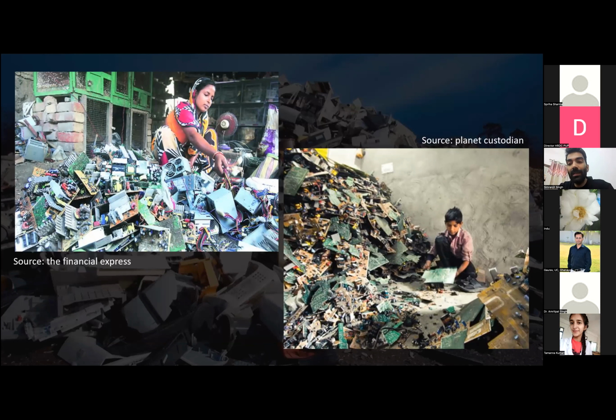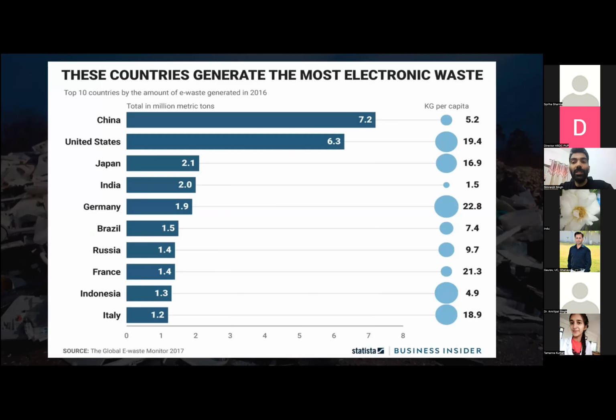A small child who should be going to school is actually working, sitting alongside the circuit boards, having no gloves, having no information about the hazards and what can happen to his overall development, and sitting in heaps and heaps of e-waste. So this should give you a perspective of what is to come in this presentation and why it is so important.